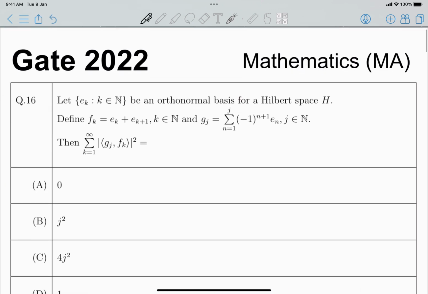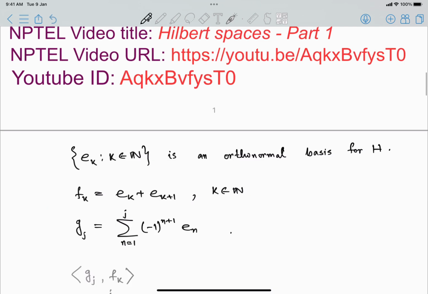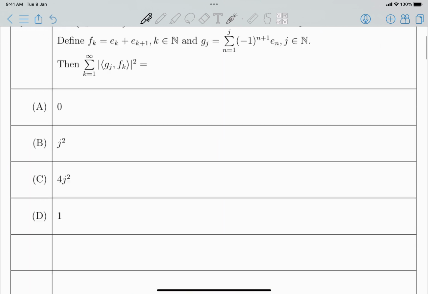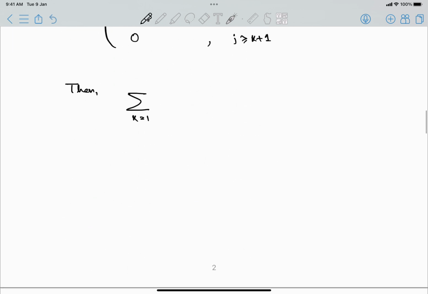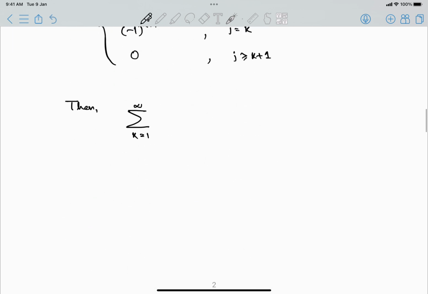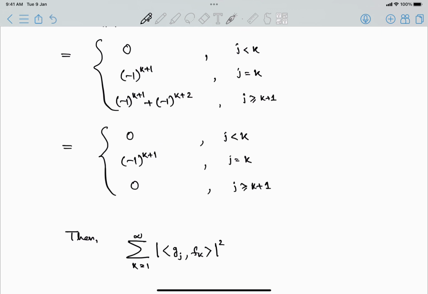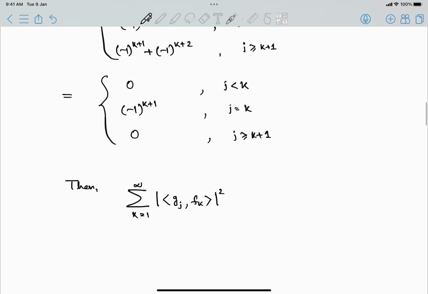Now we have to find this series. So the summation k equals 1 to infinity of |<g_j, f_k>|^2.